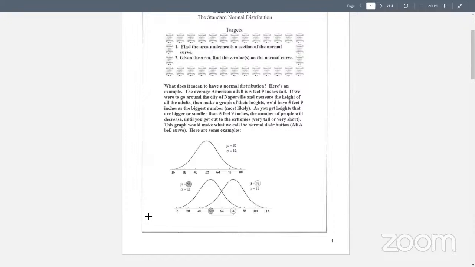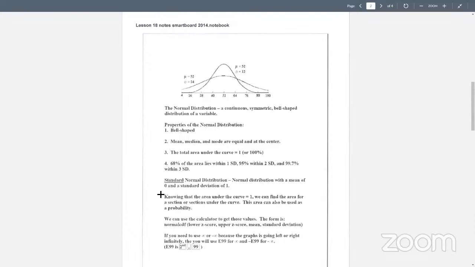So the question says find the area underneath the section of the normal curve. Given the area, find the z values on the normal curve. All right, can you go to your next page on this example? So this is talking about a normal distribution.